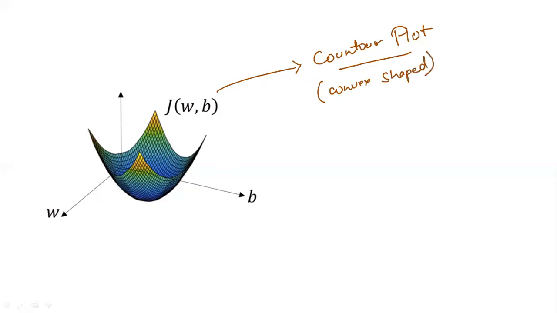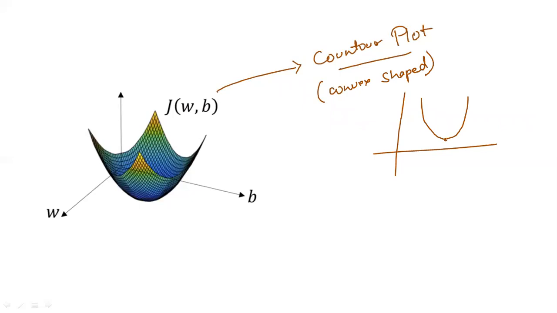What we ultimately need to do with this contour plot is find the global minima of it. Now, what do we mean by global minima? Suppose you have a curve like this. This is also a convex curve, and with the x-axis and y-axis, you want to find the global minima. This point would be the global minima.